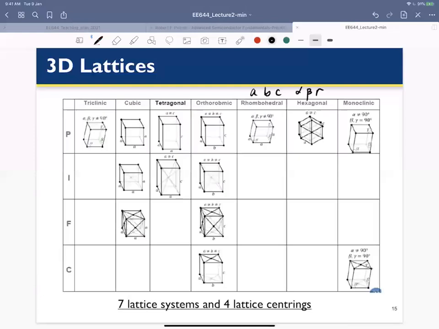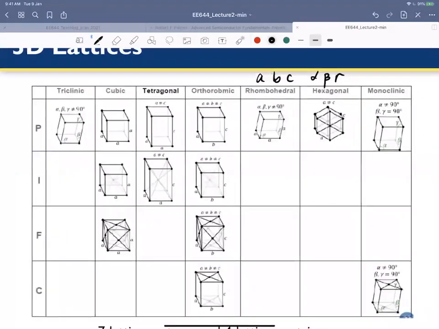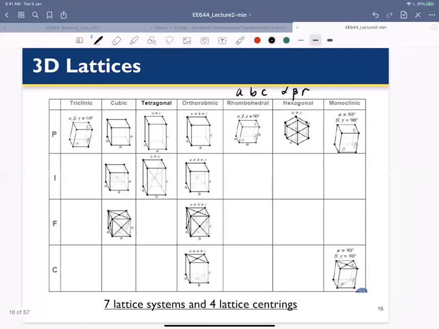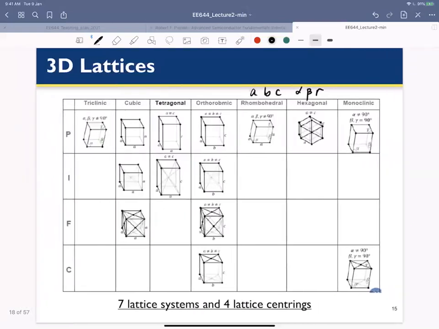If you take a cubic lattice, in a cubic lattice, A equal to B equal to C, and alpha equal to beta equal to gamma equal to 90 degrees. So this is defined as cubic. This behaves as a cube, right?